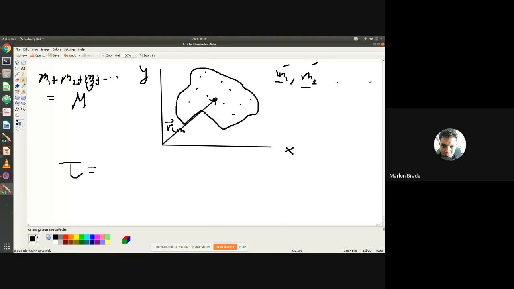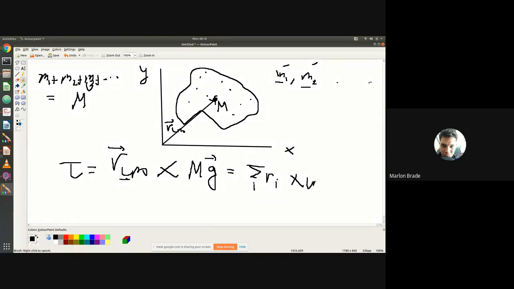So, as if naa diri ang point nga mass M, as if naay torque nga R_CM, where R_CM is the vector connecting the origin and the center of mass, cross sa imuhang M nga dako multiply by g. This is equal to the sum of r_i cross W_i.